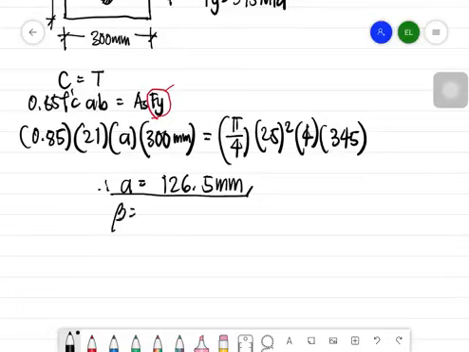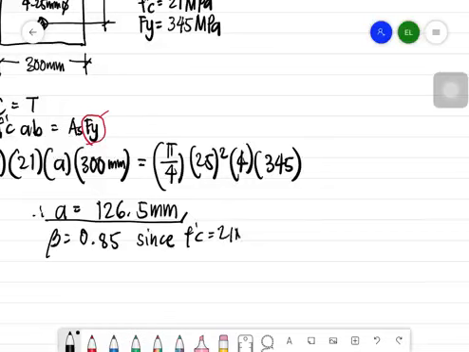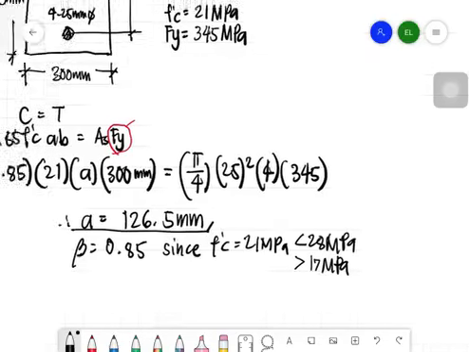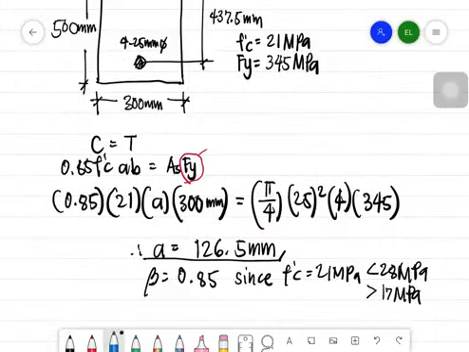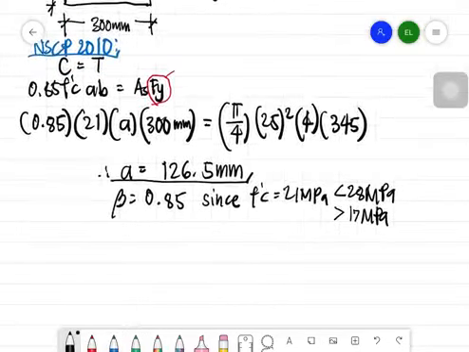So beta 1 is equal to 0.85. Why is it 0.85? Since our f'c is equal to 21 MPa, which is less than 28 MPa and at the same time greater than 17 MPa. Again, my solution is NSCP 2010, for your reference.